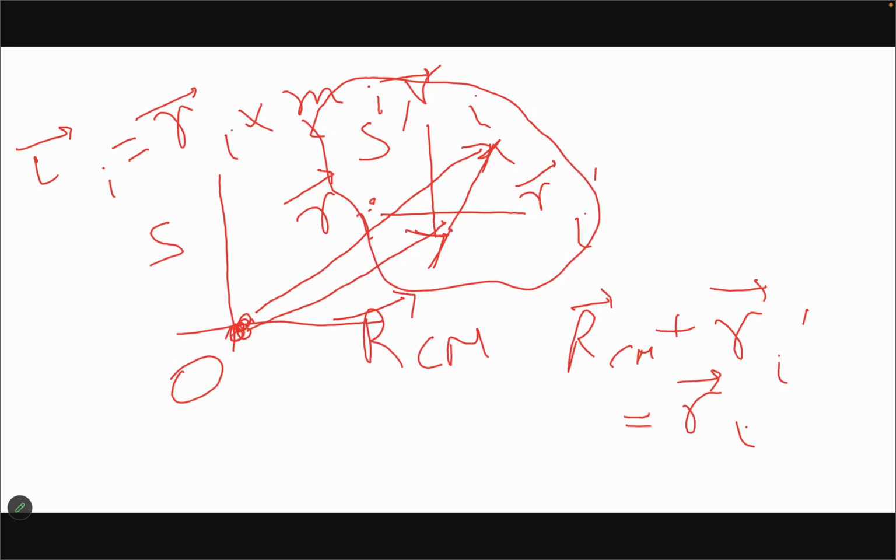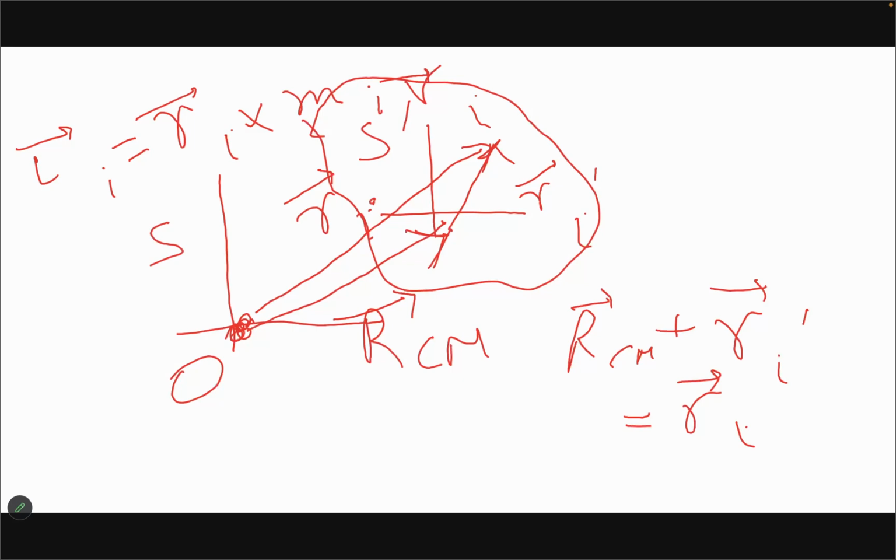If this being known to you, Vasudev, then my work is almost done. Why? You are now to replace for r_i and v_i. Please do the needful. Instead of r_i, what you use is R_CM plus r_i prime, correct? Yes, sir. Instead of r_i, you use R_CM plus r_i prime, and instead of v_i, you do V_CM plus v_i prime.